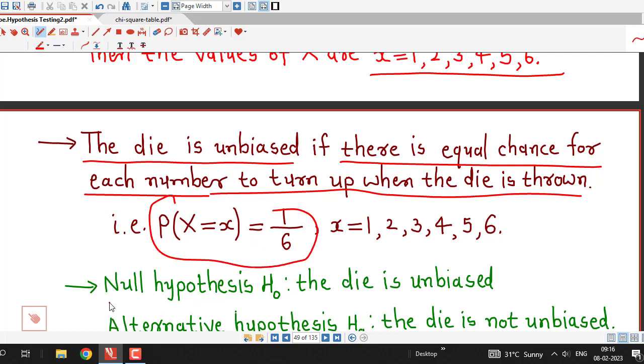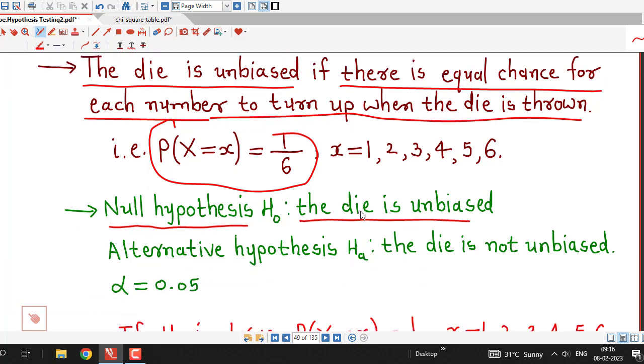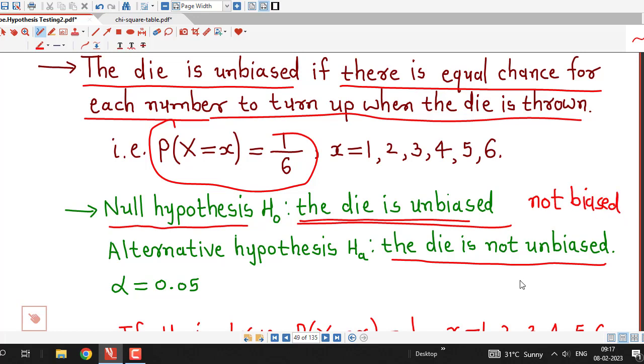So first we write down the null hypothesis, that the die is unbiased. The alternative hypothesis is the opposite statement to the null hypothesis, that is the die is not unbiased. Or you can write the null hypothesis as the die is not biased, and here you can write that the die is biased.